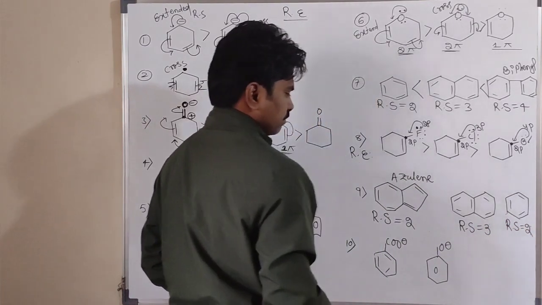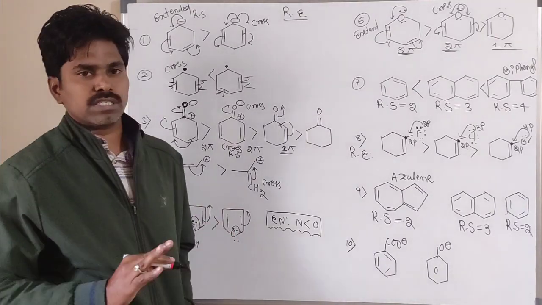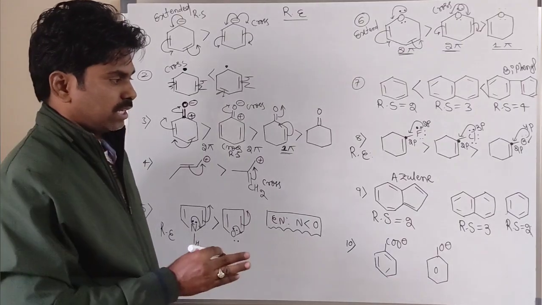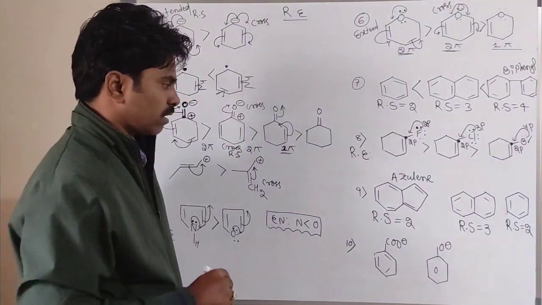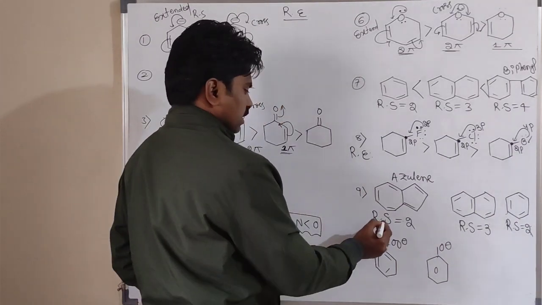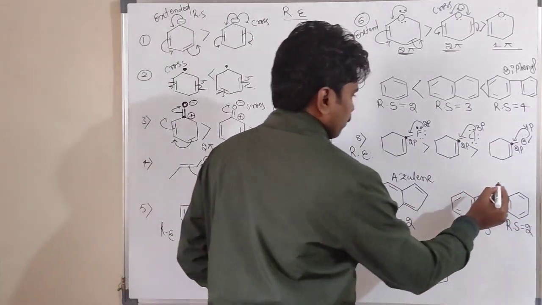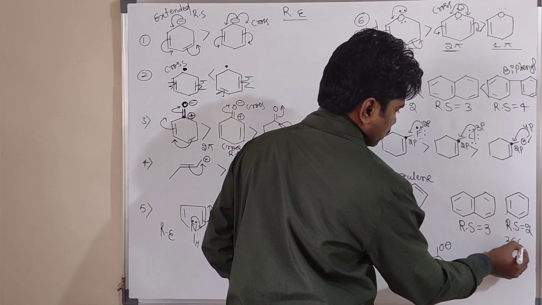So azulene and benzene have the same number of resonating structures. Is the resonance energy equal? No. Here the number of resonating structures is also 2, but benzene's resonance energy is 36.